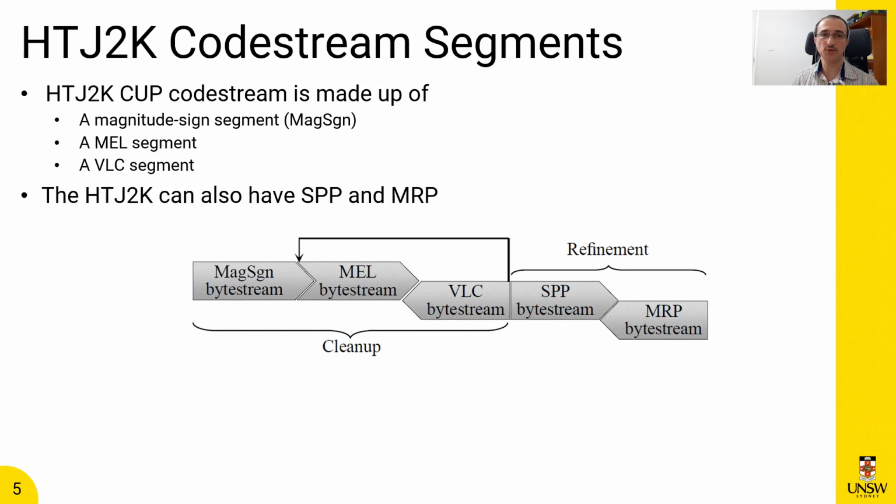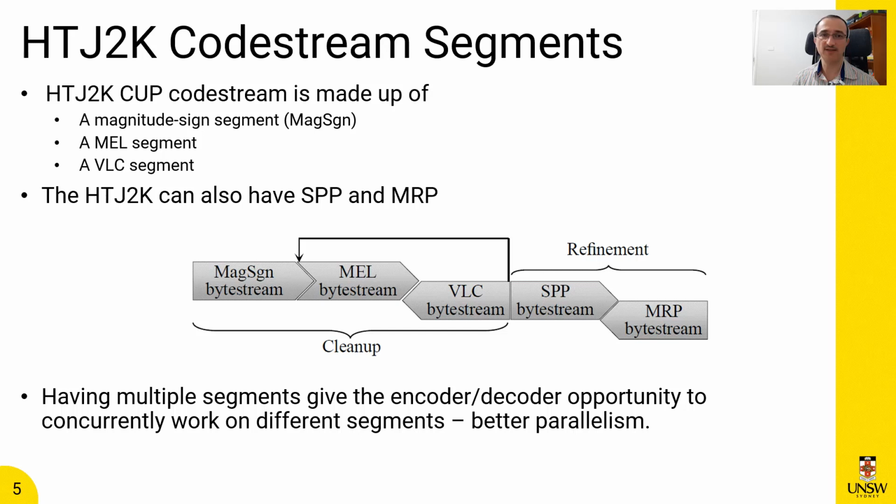Notice that the magnitude sign, MEL, and SPP grow forward, while VLC and MRP segments grow backwards. The advantage of having these multiple identifiable segments in the code stream is that this provides the encoder and the decoder with opportunity to concurrently operate on these segments.